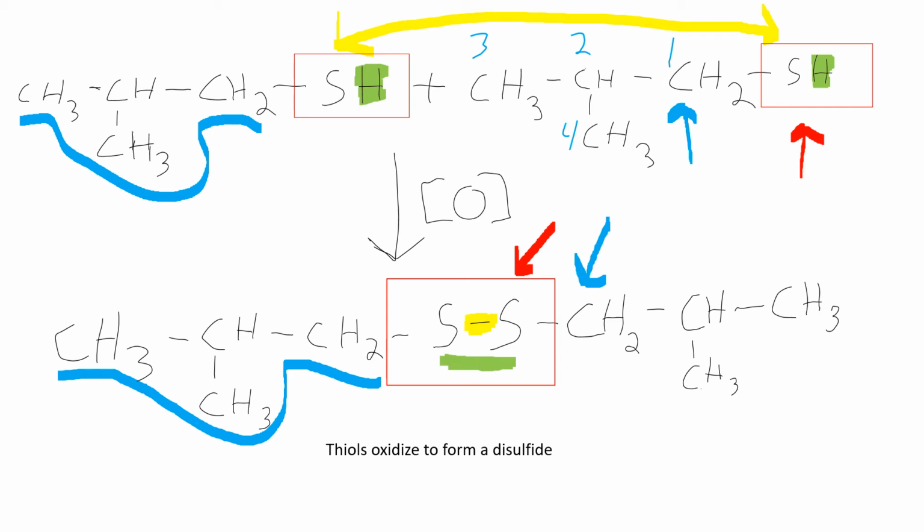Do I have the same connections? 1, 2, 3, 4. Everything is still connected in the proper sequence. I just had to rotate the molecule around. So thiols end up oxidizing to form what we call a disulfide.